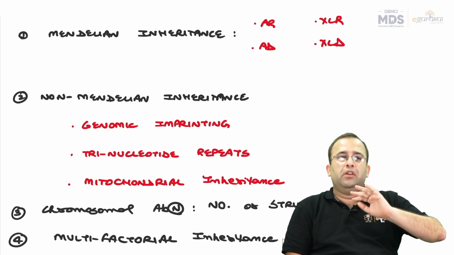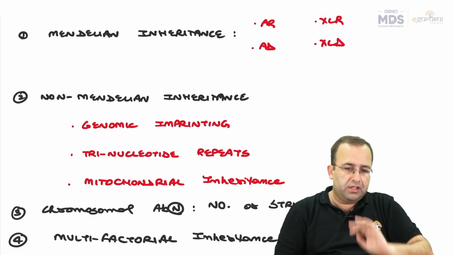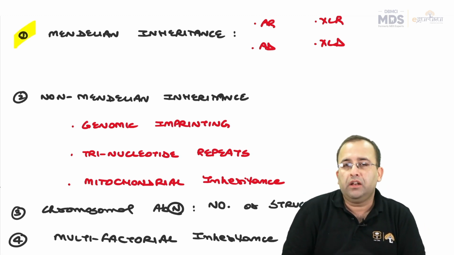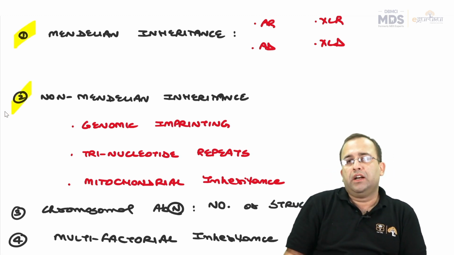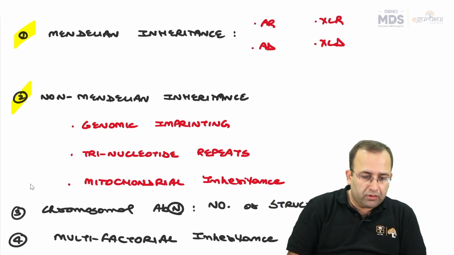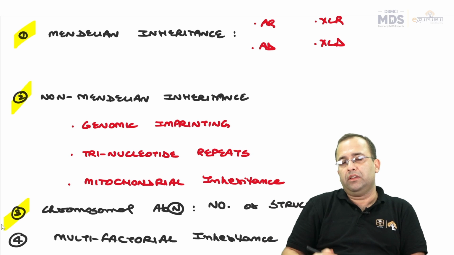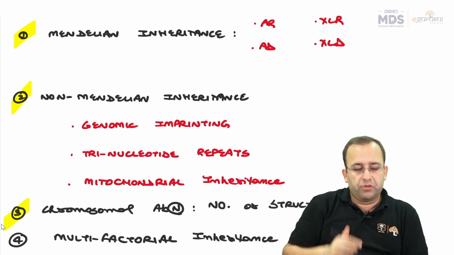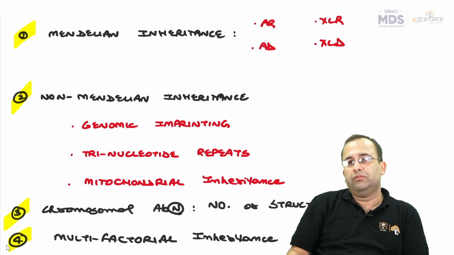Whatever we have written on this slide, we'll do one by one. This is our topic, genetics. So there are 4 categories: Mendelian, non-Mendelian inheritance (genomic imprinting, trinucleotide repeats, and mitochondrial inheritance), chromosomal abnormalities, which can be in number or structure of chromosomes, and multifactorial.